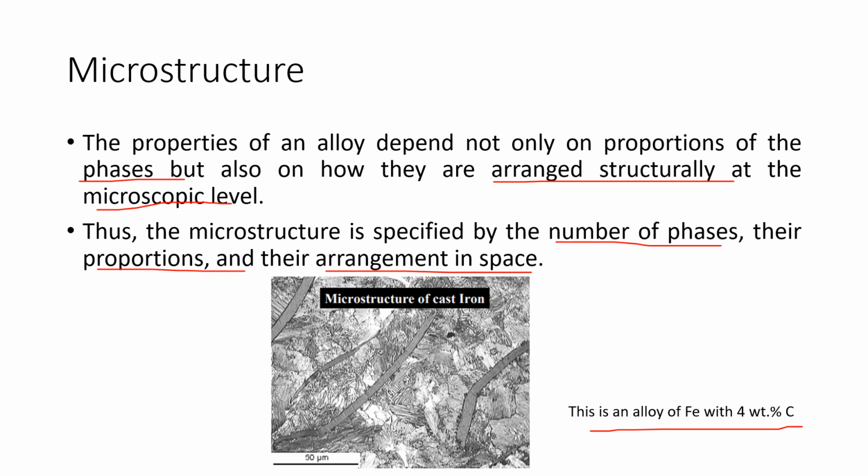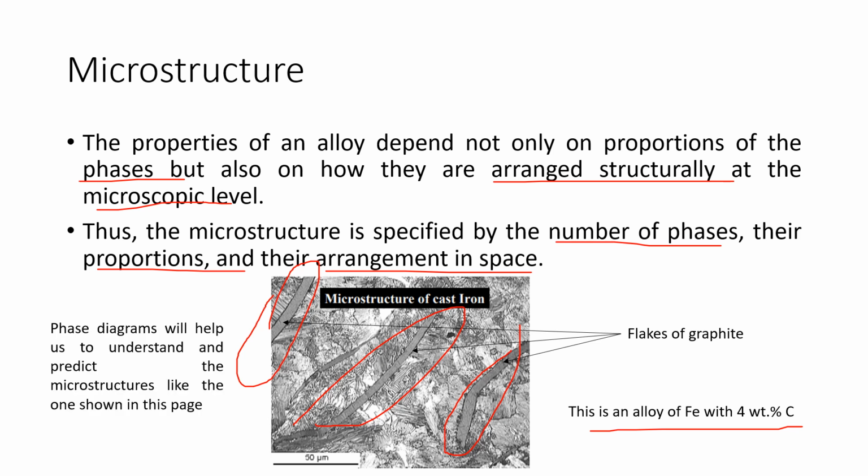There are different microscopic physical features at 50 micrometer resolution, seen with the help of an electron microscope. These are the long flakes of carbide. So the phase diagram will help us to understand and predict the microstructure, like the one which is shown in the figure.